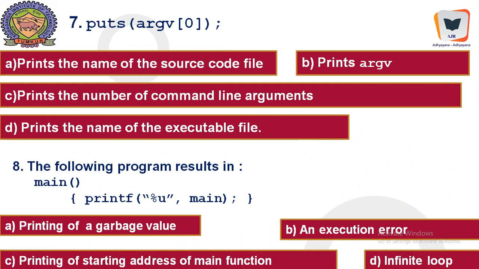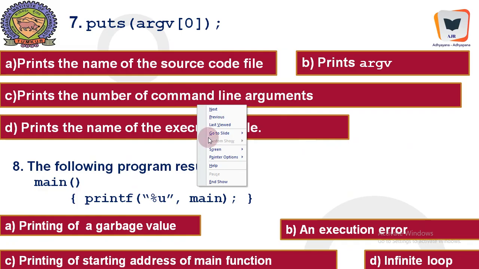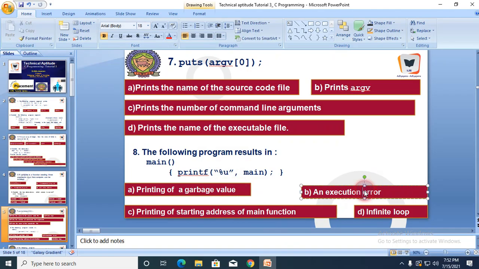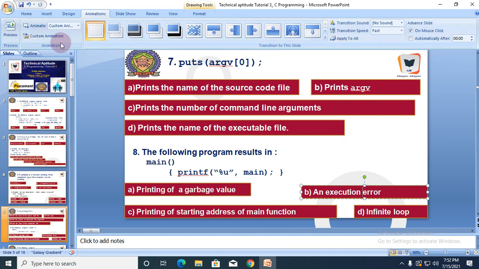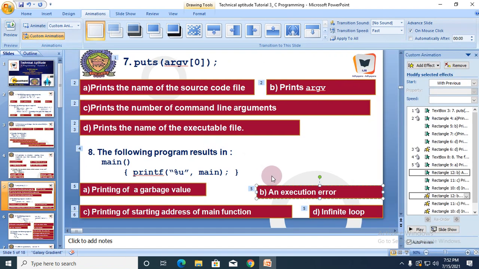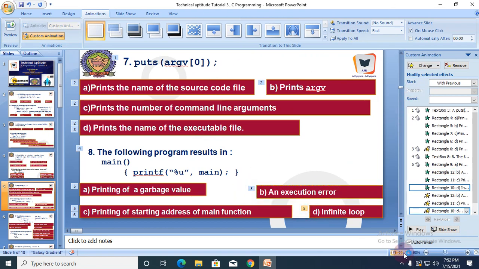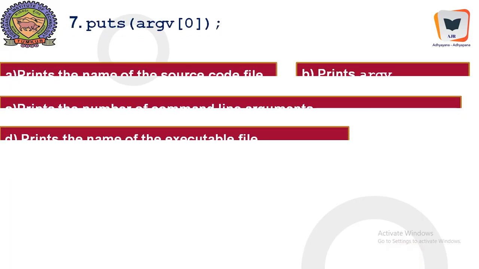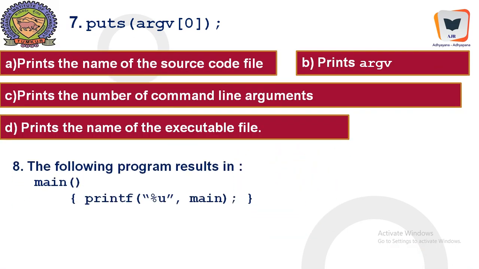It doesn't generate any error, as amplified by the animation. This is wrong actually. It has to print the starting address, there is no doubt about that. The 7th and 8th are over.